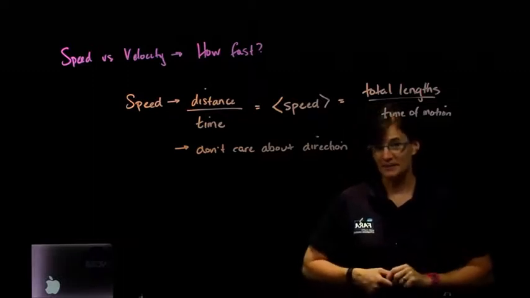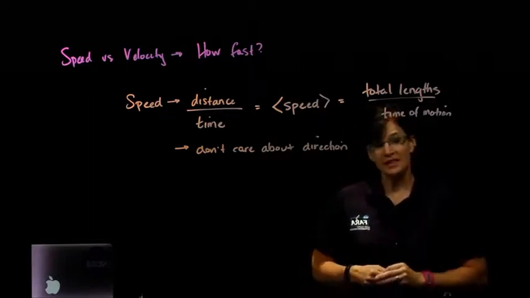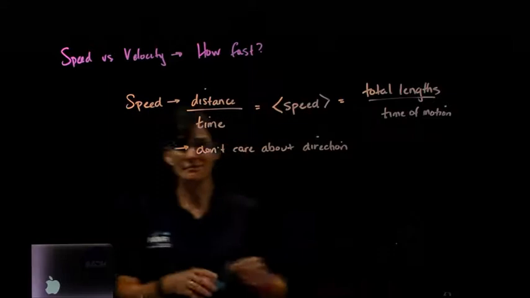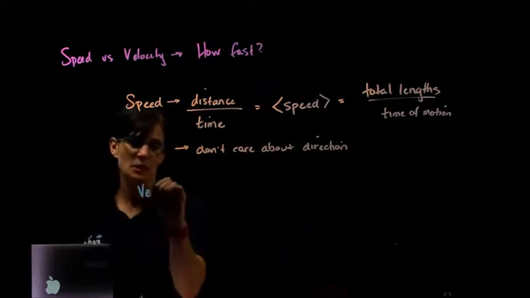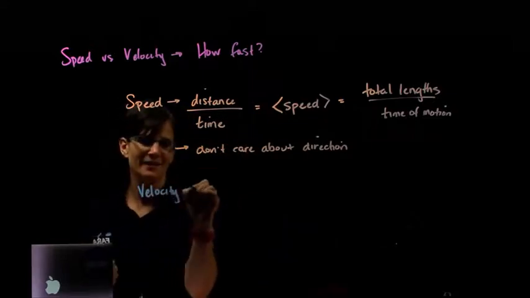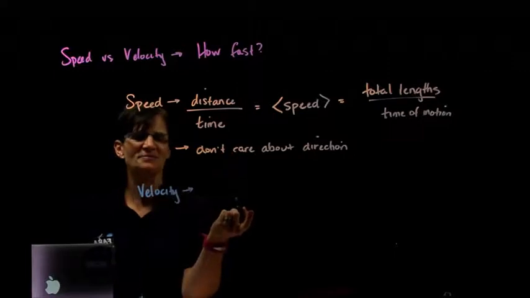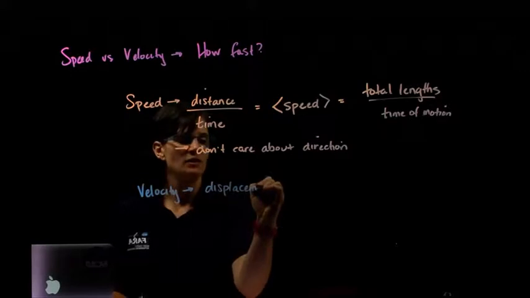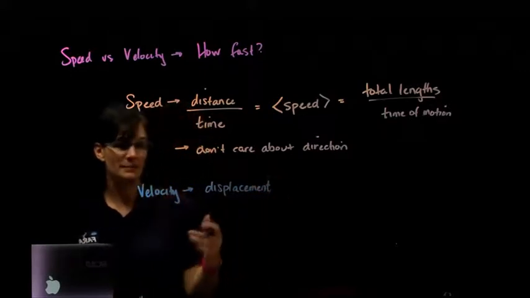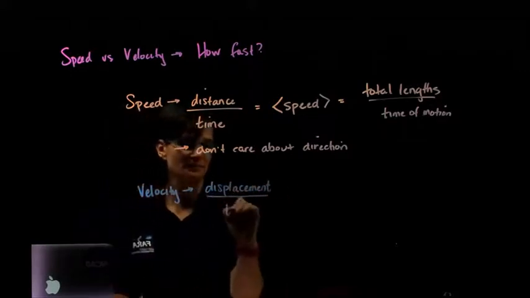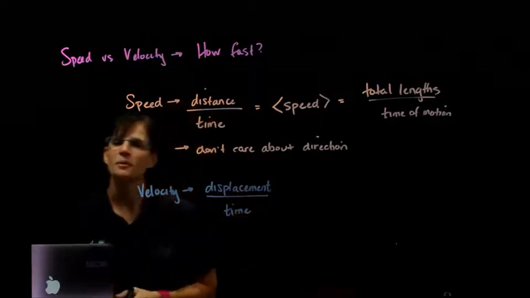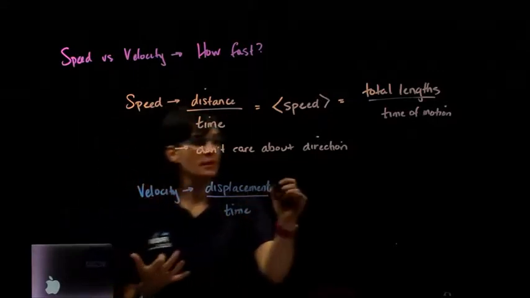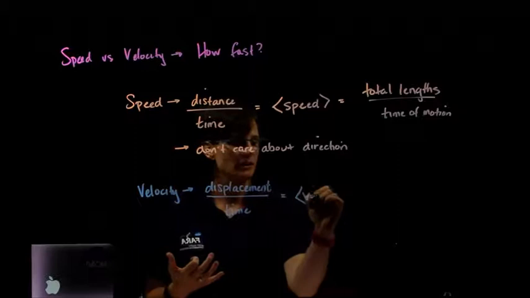All right. What about velocity? Well, velocity, you might deduce, if speed's related to distance, velocity is related to displacement. So what is the object's displacement in the time that I cared about the motion? So this represents our average velocity.